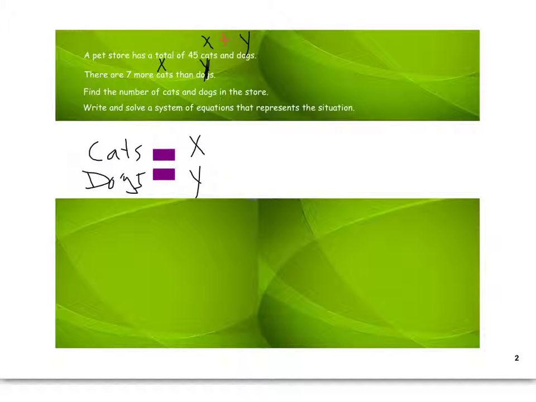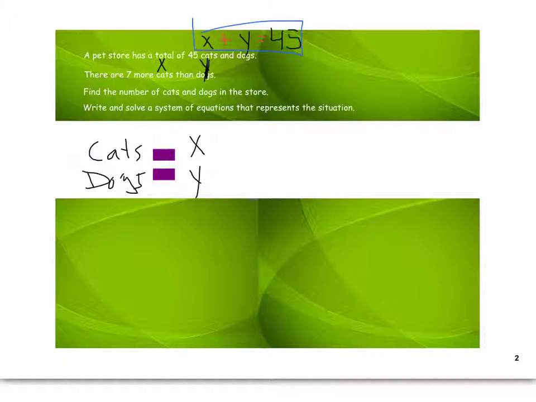Now if I think about what this first sentence means, a pet store has a total of 45 cats and dogs, meaning that my cats, X, plus my dogs, Y, will equal 45. So there's one of our equations right there.